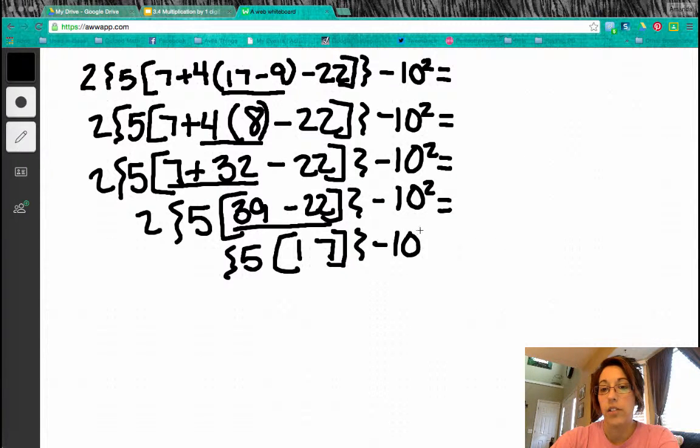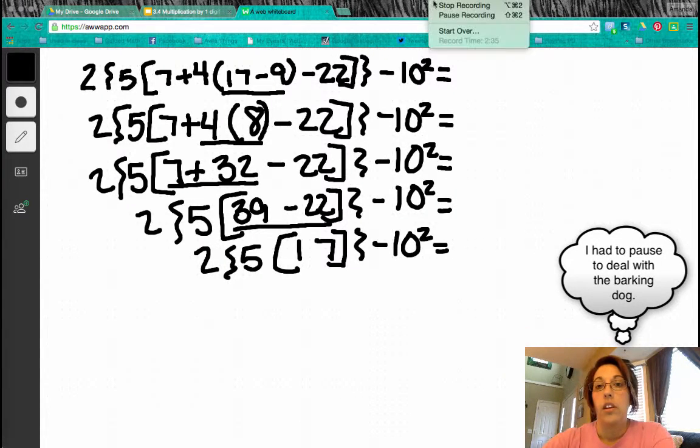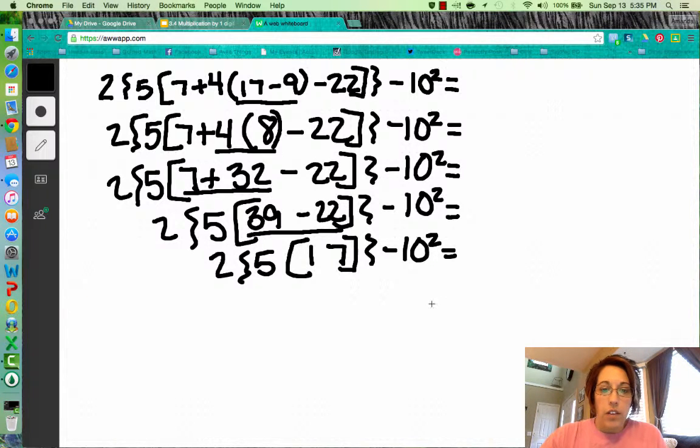So let's look at the rest of this problem. Okay, so we got our 17 and then we copied down the rest of the problem. Now when I've got a number next to brackets or braces, that automatically means multiply.